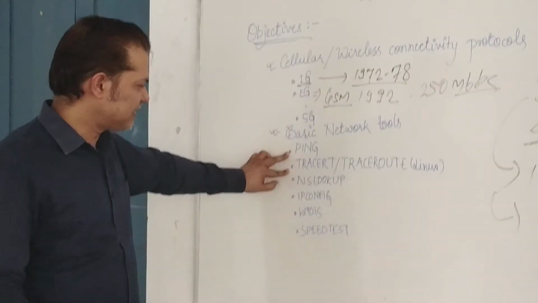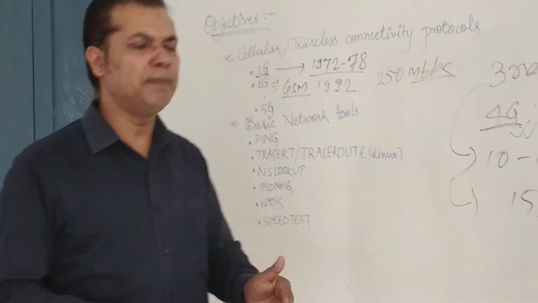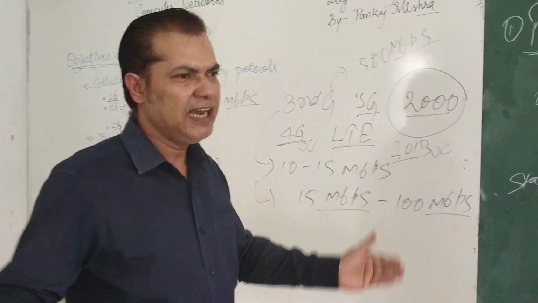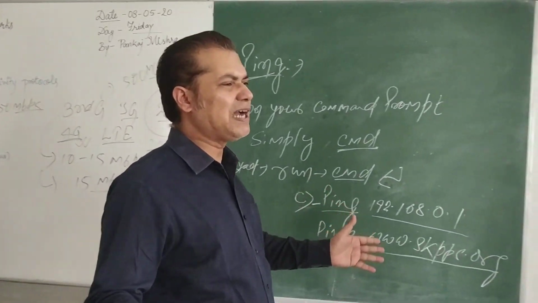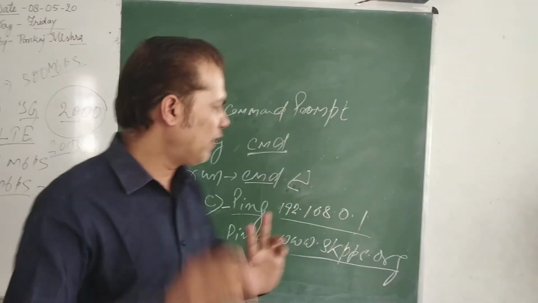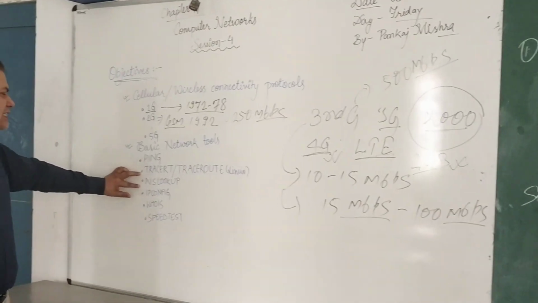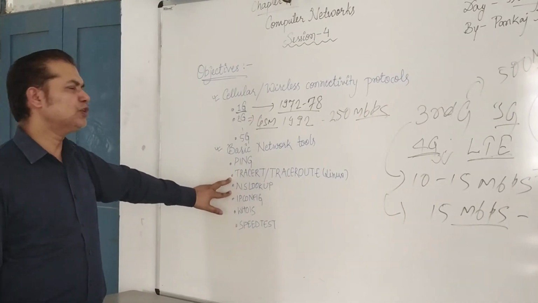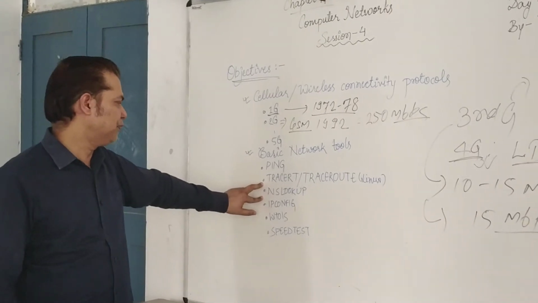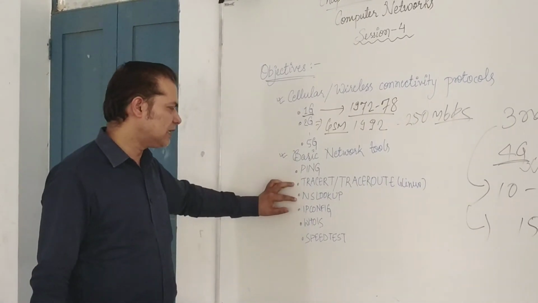It also lets us know how many routing hops take place. It means how many router kind of devices our node has to go through to get connected with the web server. That's why it's called tracert. And nslookup will let you know the domain name and IP address of the computer. If you don't know the DNS name or IP address of the computer, simply type the command nslookup.